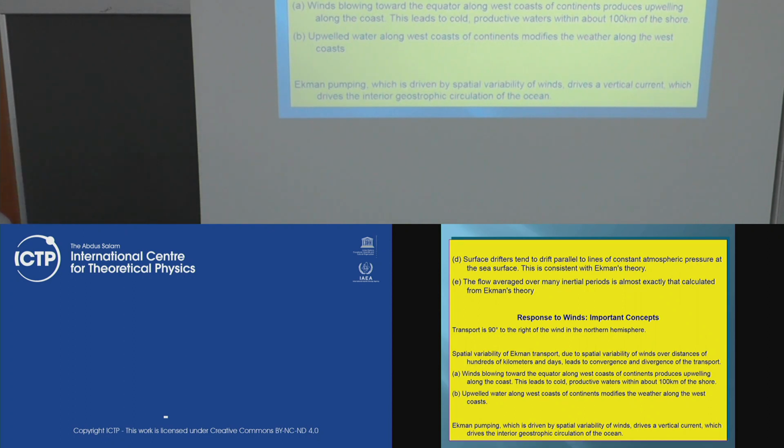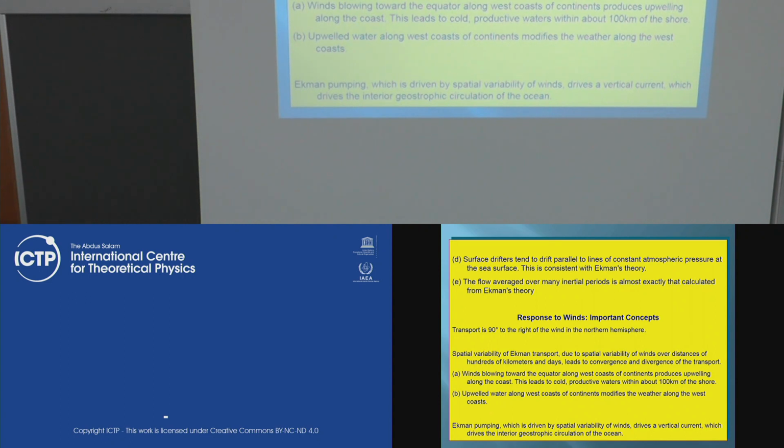We know that the geostrophic wind is parallel to the isobars, but in the atmosphere, both in the atmosphere and the ocean, there is no perfect geostrophic balance, because we have to take into consideration also the friction.